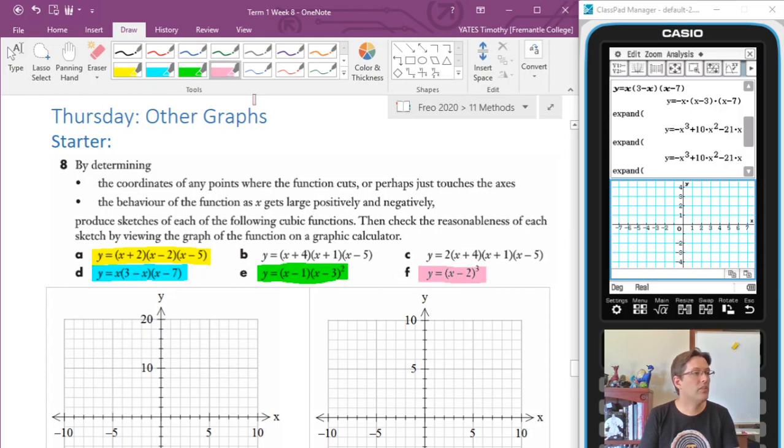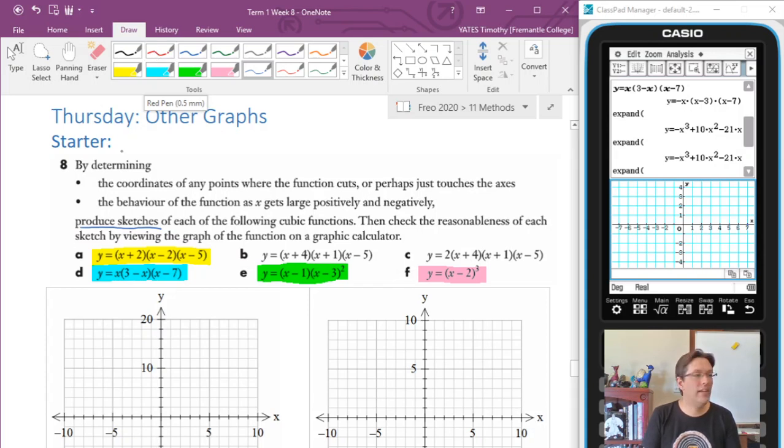Now, what we're actually wanting to be able to do is produce sketches. The entire point of these is to produce sketches. Sketches do not have to be perfect, but they do have to cover the key points on the graph.